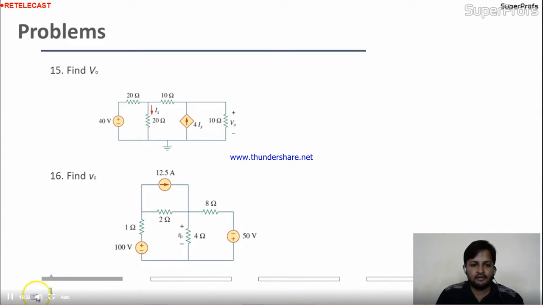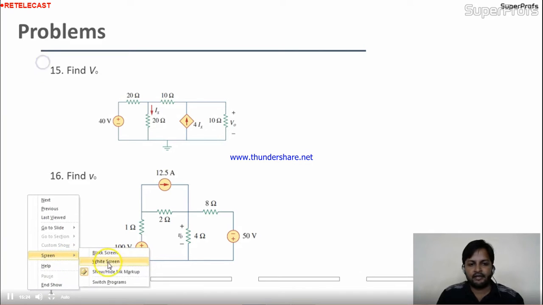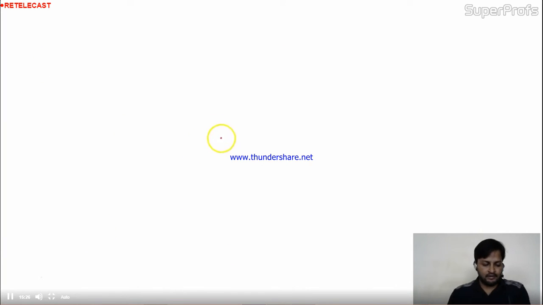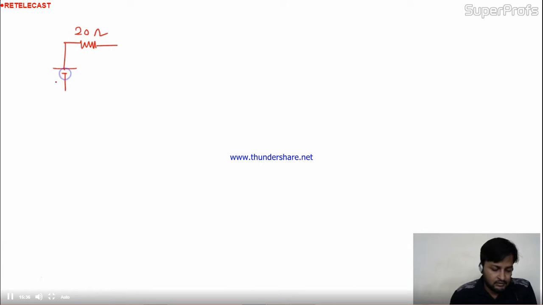So I'm taking this problem on a fresh page. The problem given is, this is nothing but 20 ohm connected with a 40 volt battery. Next, this is given 20 ohm.